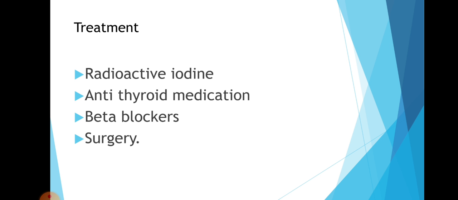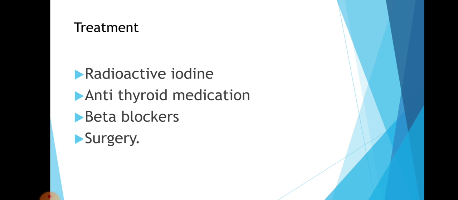After it gets absorbed by those thyroid gland cells, this radioiodine will kill those cancer cells of the thyroid gland, and it ultimately leads to treatment of the thyroid adenoma or cancer of that thyroid gland. So this is the treatment.